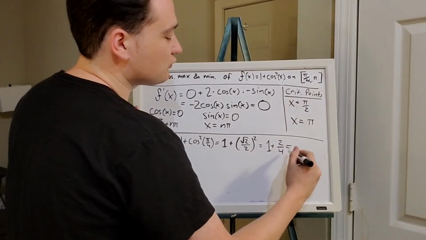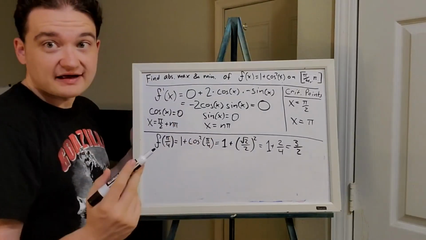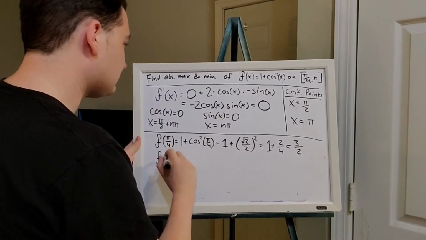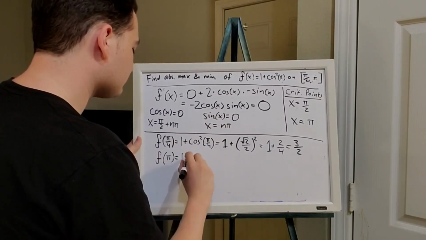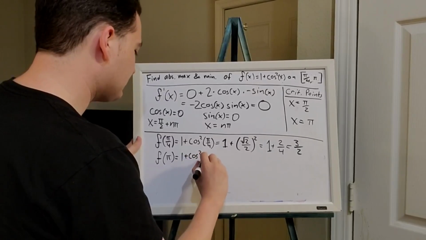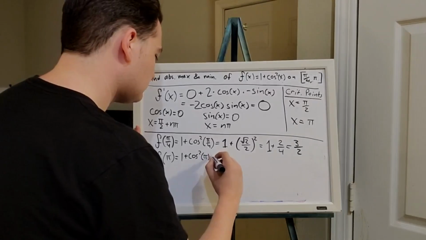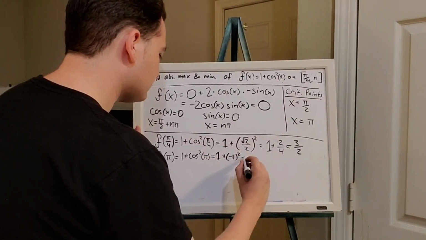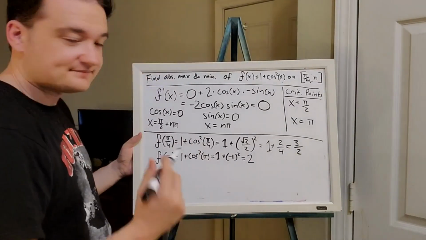And you can write this as 1 1/2 or 3 halves. Whatever's fine. We're going to plug in pi, that's the other endpoint. 1 plus cosine squared of pi. Cosine of pi is -1. So we're going to have 1 plus -1 squared. 1 plus 1, 2.